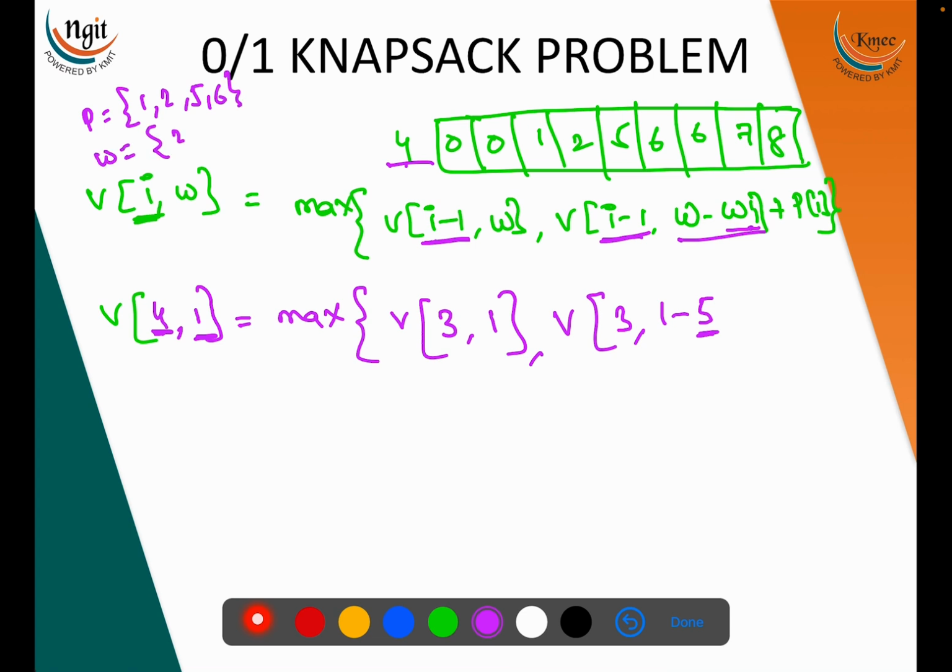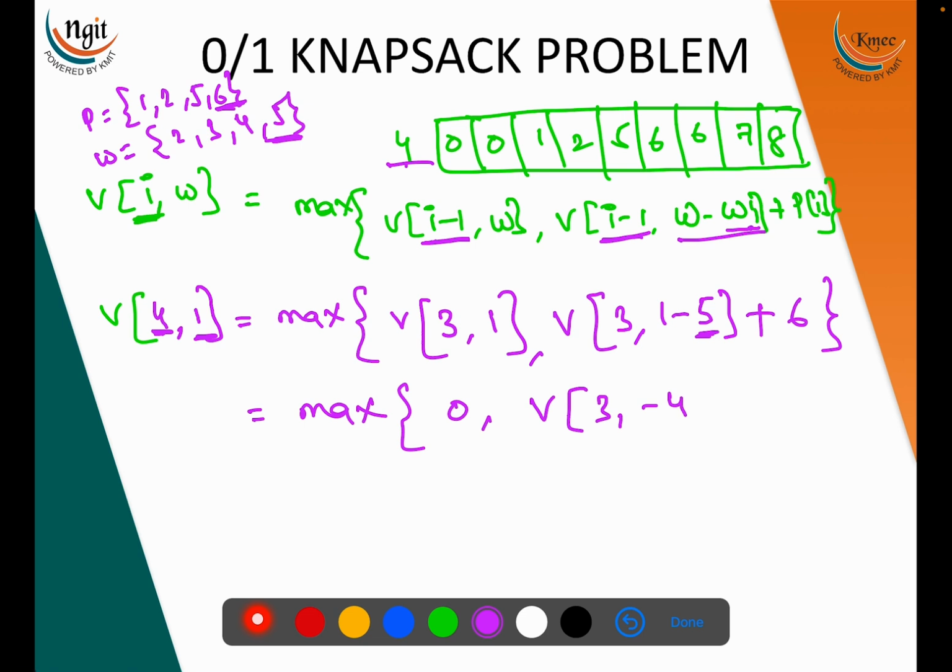P is equal to 1 comma 2 5 6. W is equal to 2 3 4 5. Now the last item, the fourth item weight is what? 5. Now that's what I wrote here, 5. 5 plus p i, that is profit of the last item, which is 6. Now calculate V of 3 comma 1. In the table, V of 3 comma 1 is 0. 0 comma V of 3 comma minus 4 plus 6.